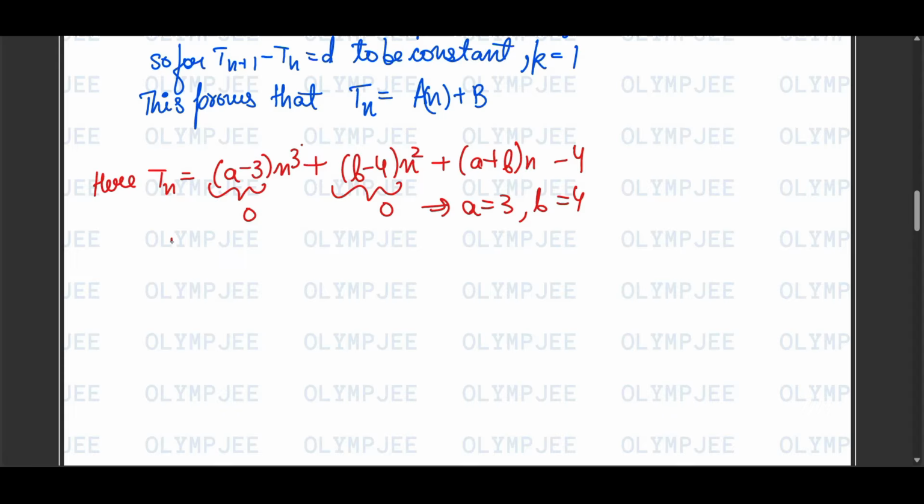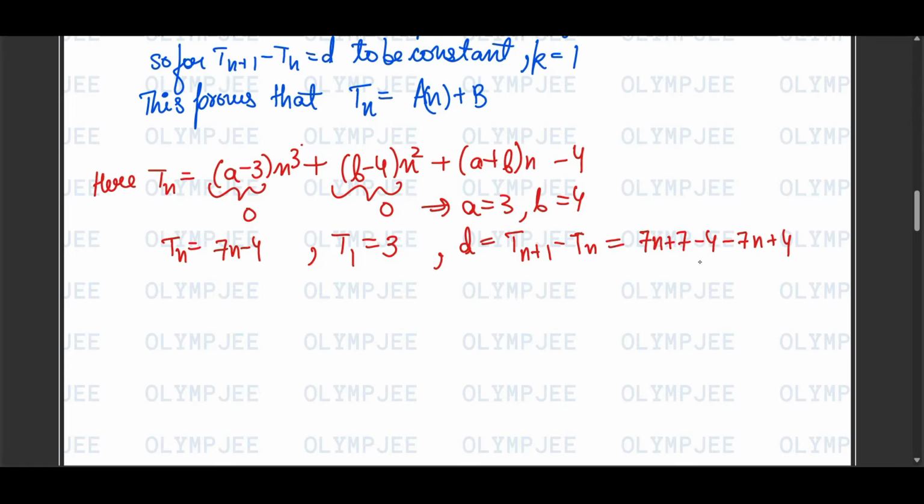So from here we will get Tn is equal to 7n minus 4, and T1 will be equal to, if we put 1 then we will get 3, and the difference will come out as 7(n plus 1) minus 4 minus 7n plus 4. So this will be equal to 7, right?